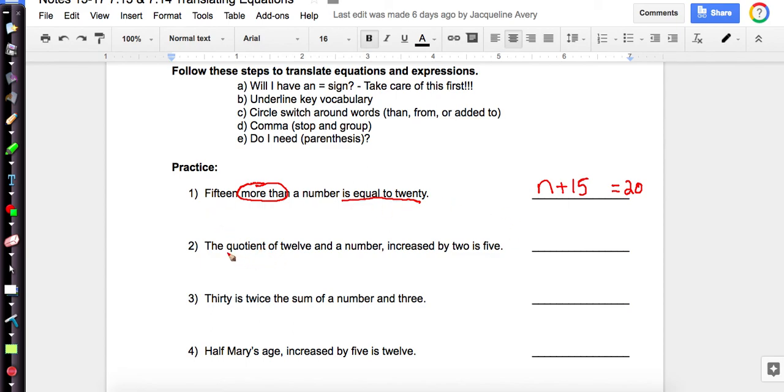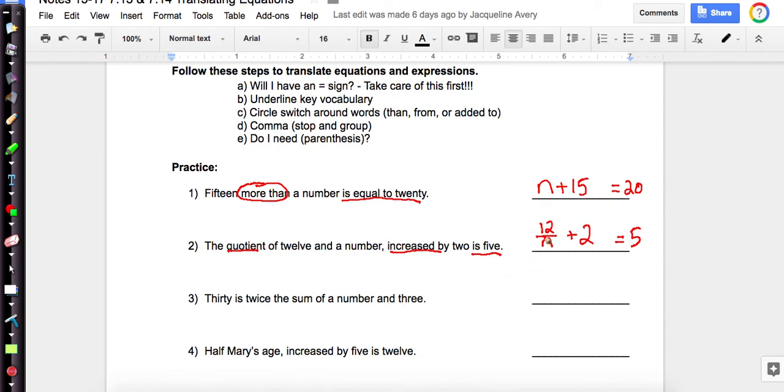Okay, the quotient, underline, 12 in a number, increase by, underline, and is 5, underline. So we have an equals word, so I'm going to write that first, equals 5. It says the quotient of 12 in a number, stop and group, plus 2.